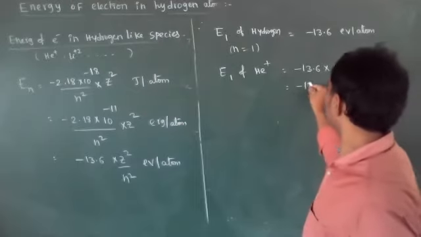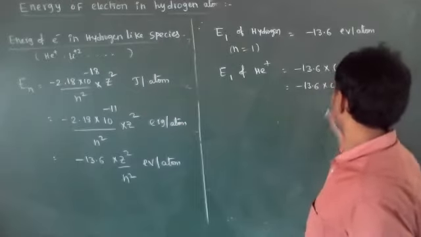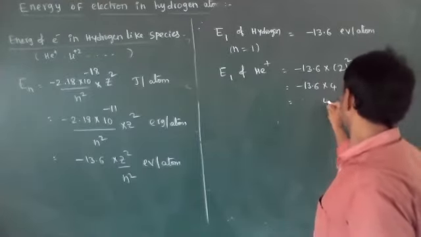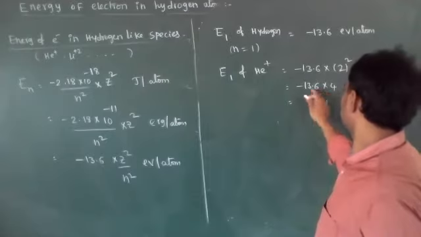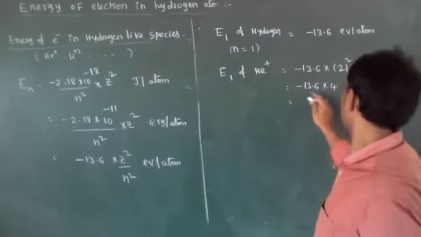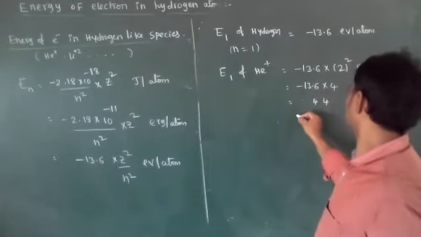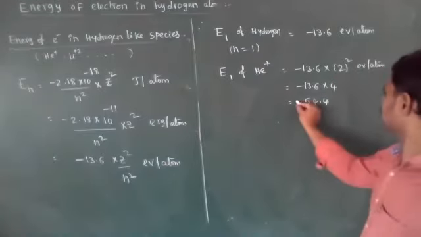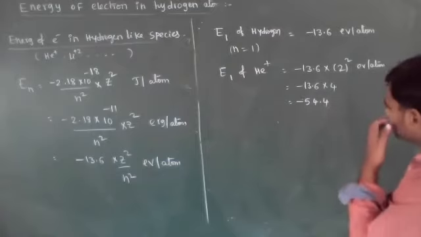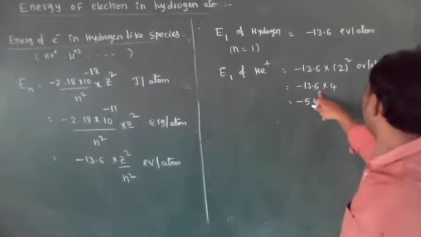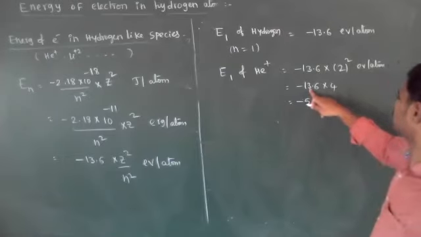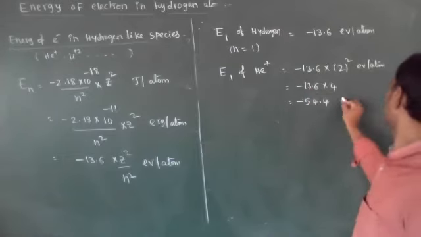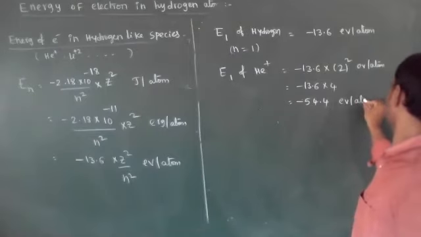Then minus 13.6 into 4, how much? 54.4 electron volt per atom.